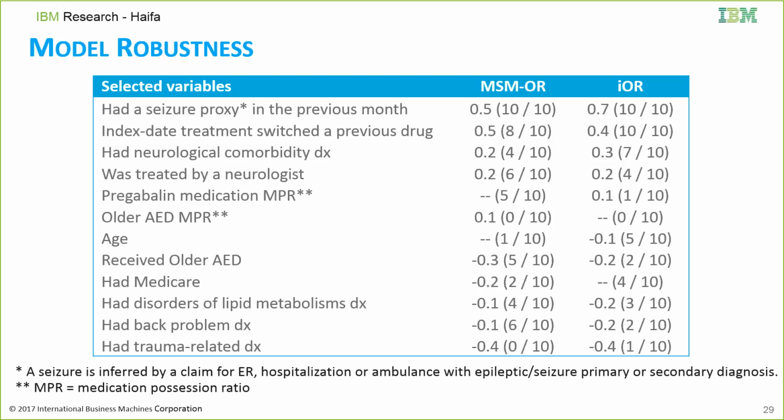We repeated this process 10 times using non-parametric bootstrapping, and the numbers in parentheses are how many times out of these iterations each one of the features was selected for the model.